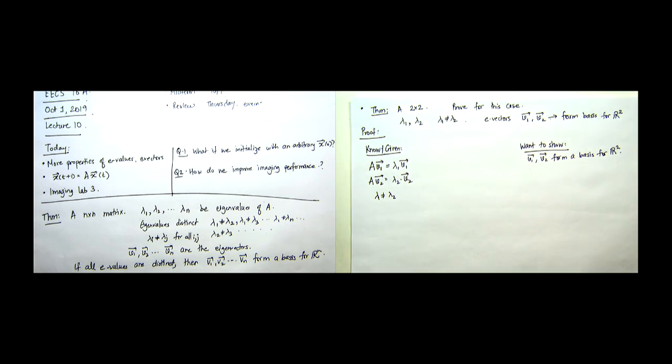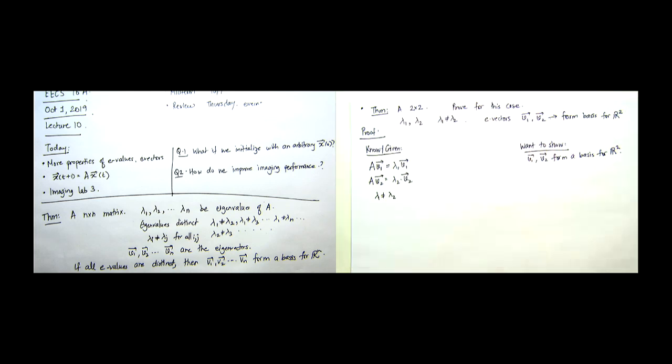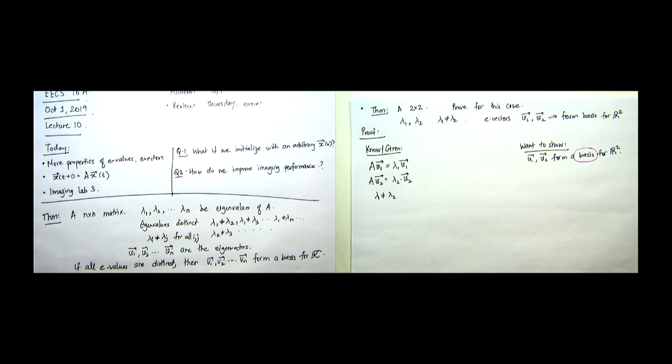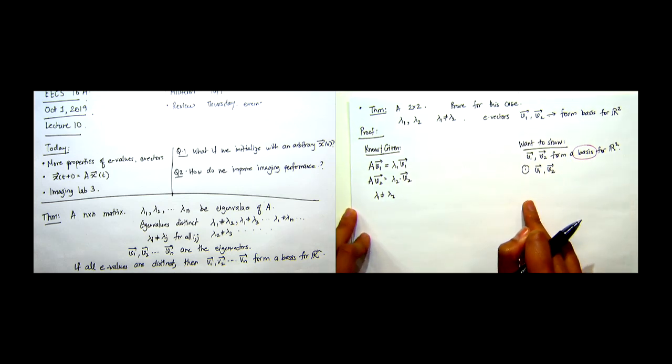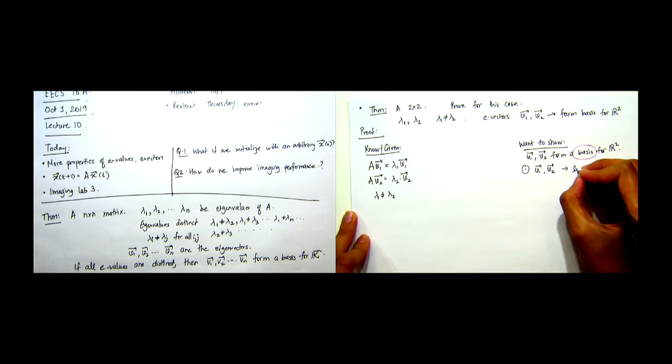When you're in this kind of situation, look at what you have and see, can you unpack anything? The one word here that is unpackable is this term basis. We have a definition for what a basis is. What does it mean for a set of vectors to be a basis for a vector space? It means first that V1 and V2 must be linearly independent, right?